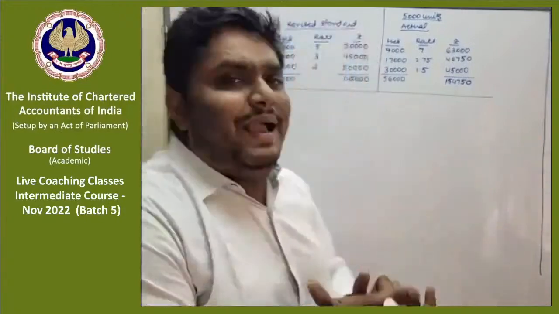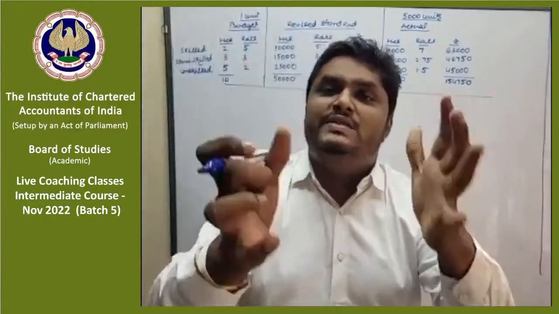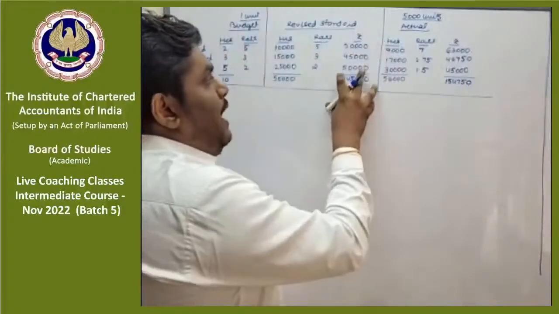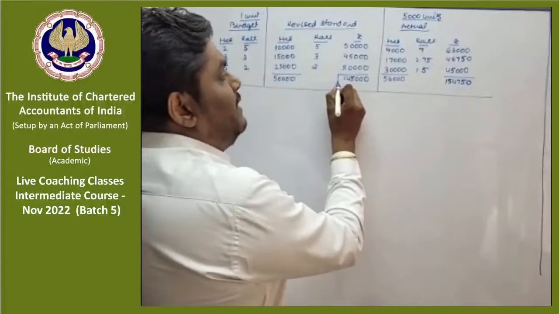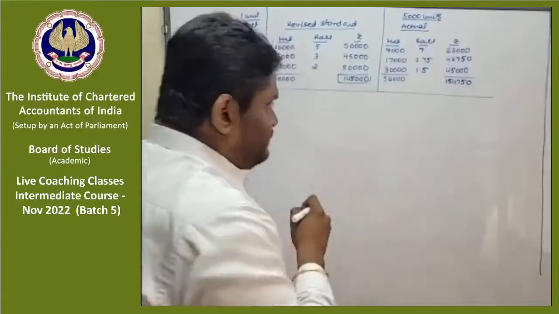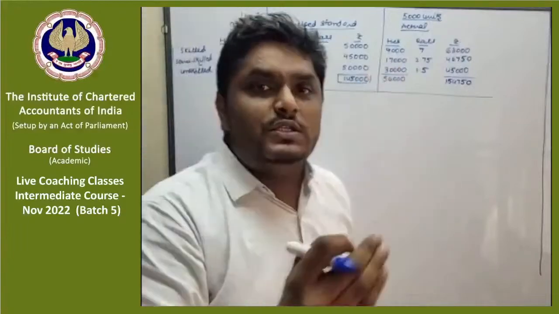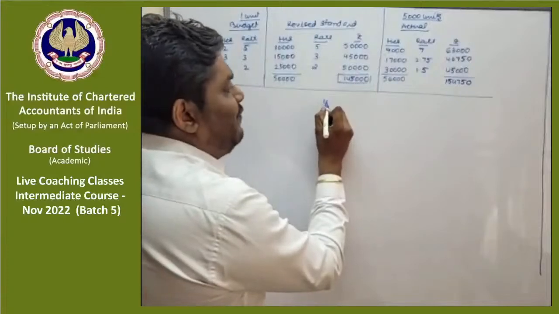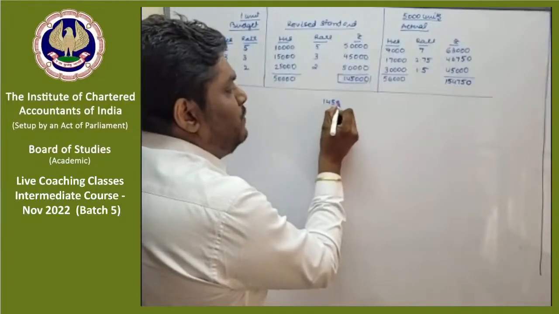So very simple, guys. Just like material cost variance, we will calculate labor cost variance. How much cost was supposed to be incurred for 5,000 units? Very simple. 1,45,000 was supposed to be incurred.